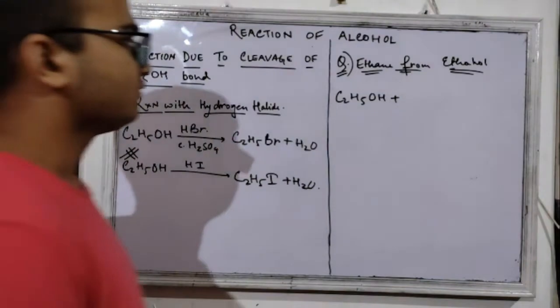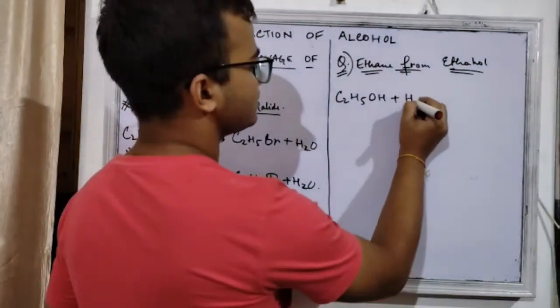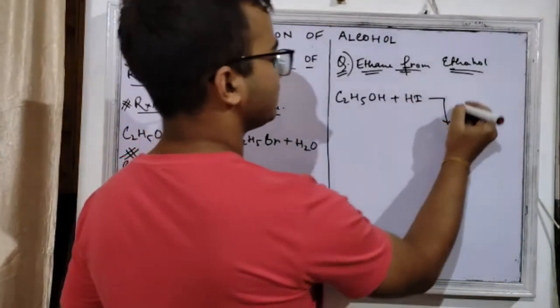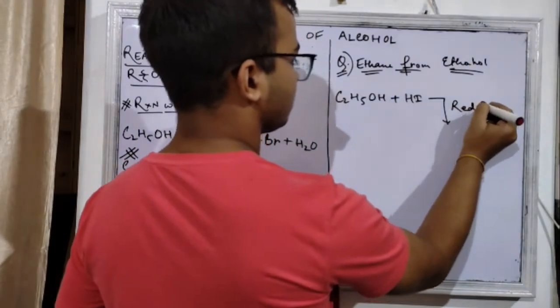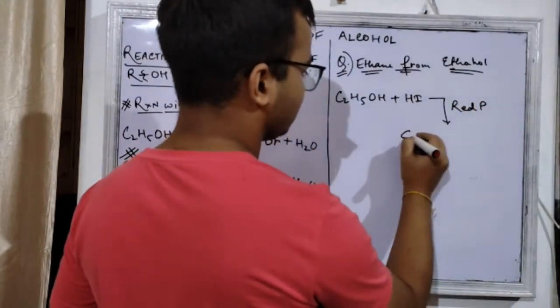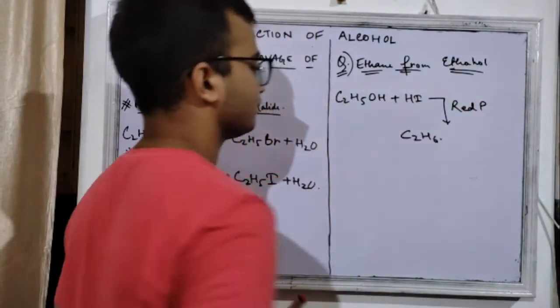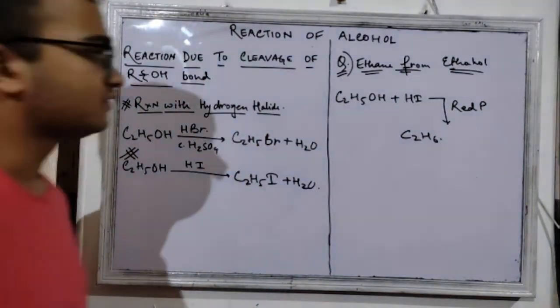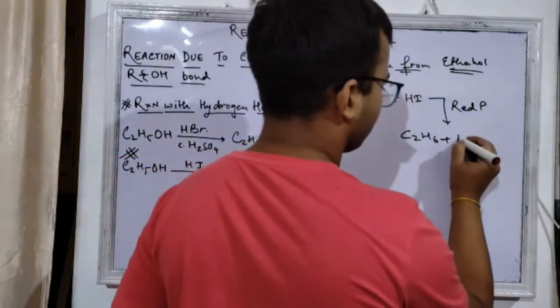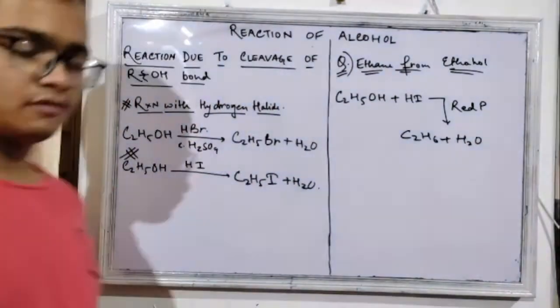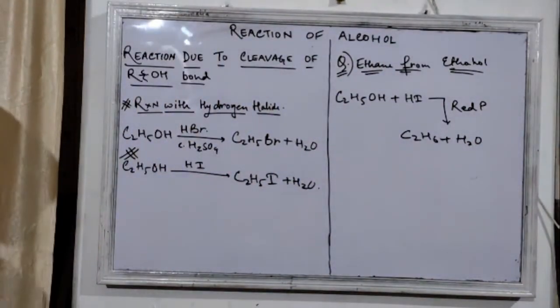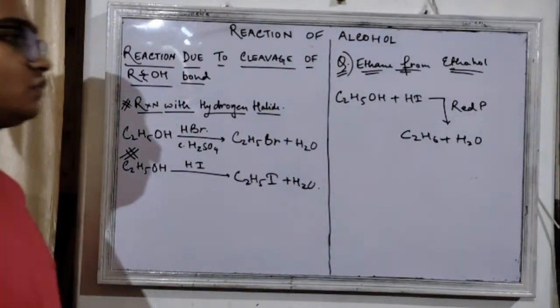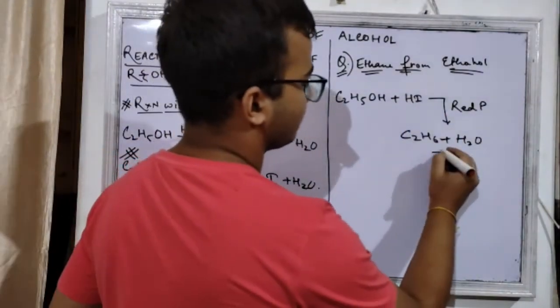Sorry, it will give alkane. So if you take HI and treat it with red phosphorus and iodine, it will give C2H6. Along with this, you will also get one more product. And this iodine will come out as I2.